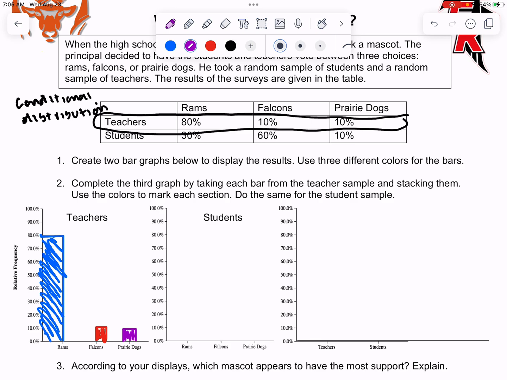Okay, and then for students, you're going to do the same thing. So for students, it was 30% Rams. It was 60% Falcons.